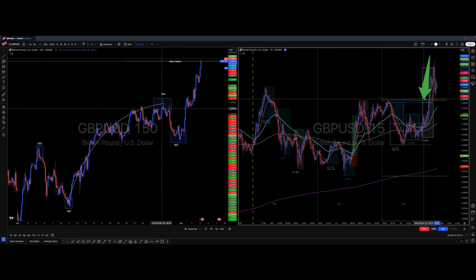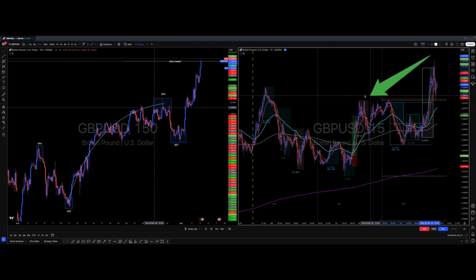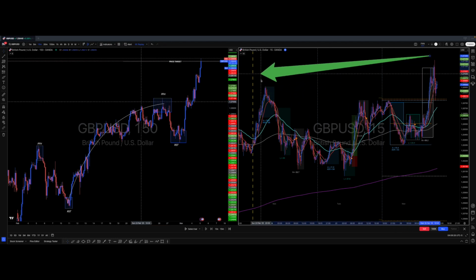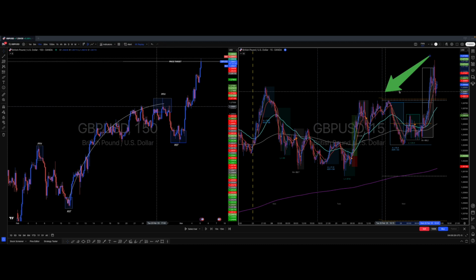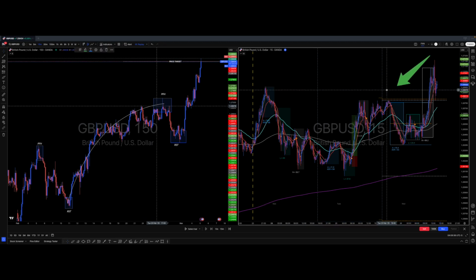Essentially what happens Wednesday, you can see price aggressively comes up and grabs literally all of the orders sitting above these highs, and above the highs from the previous day. So previous day's highs and Monday's highs essentially get taken out.